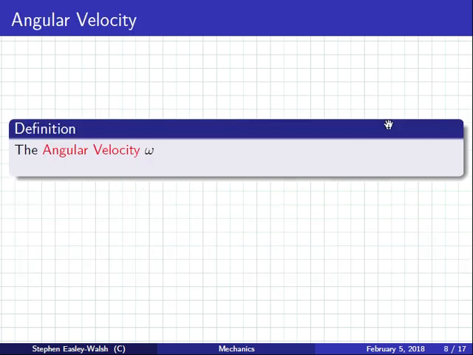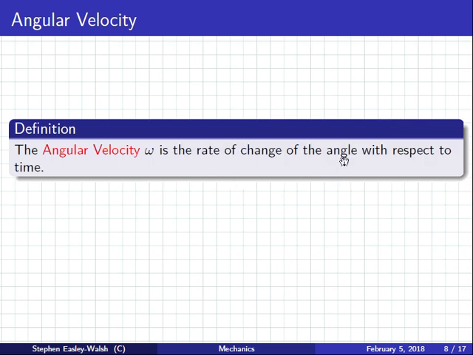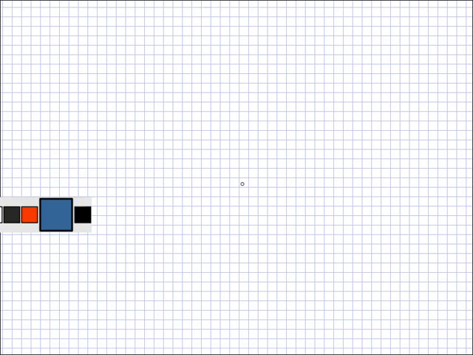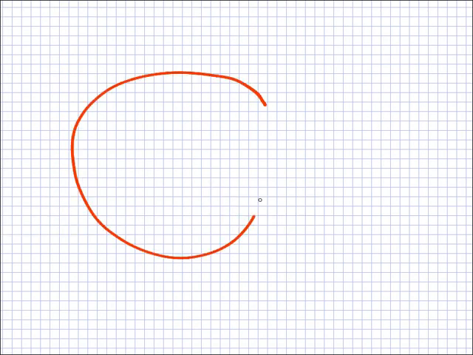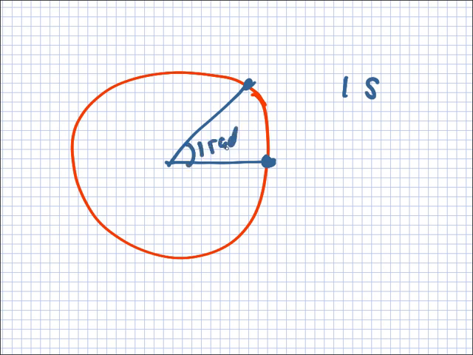Right. Angular velocity, the omega. This is the rate of change of the angle with respect to time. So let me just explain that here. Let's imagine it starts here, and then let's say 1 second later it moves 1 radian. Remember, 1 radian is 57 degrees.